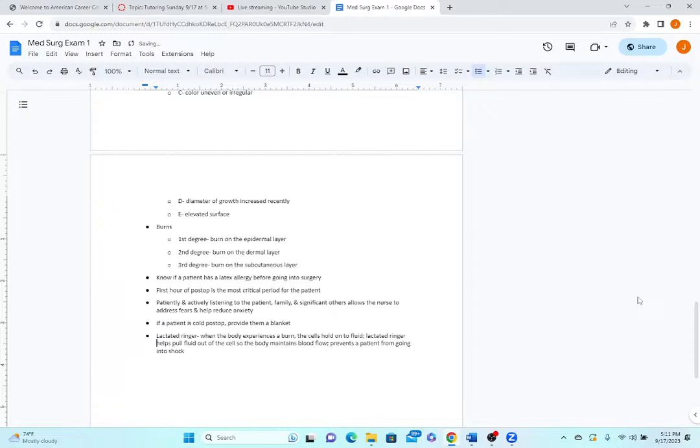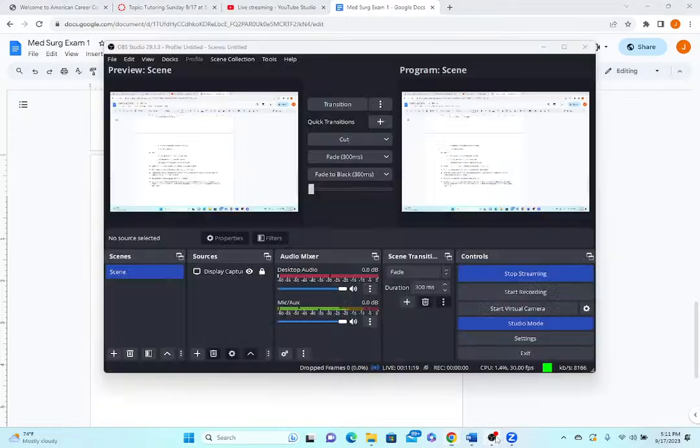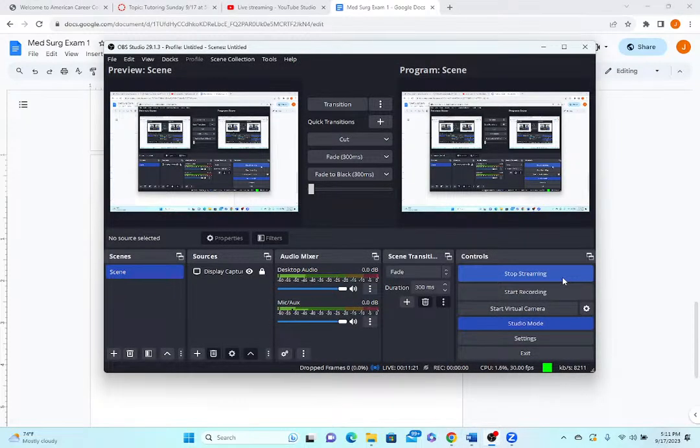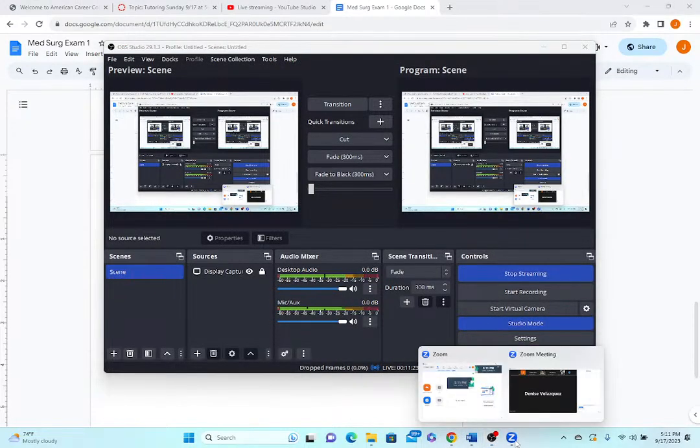Miss Sally, what are the SCDs for? The sequential compression devices, the compression stockings, things like that. Just basic teaching for that. So are they the same thing as compression stockings?